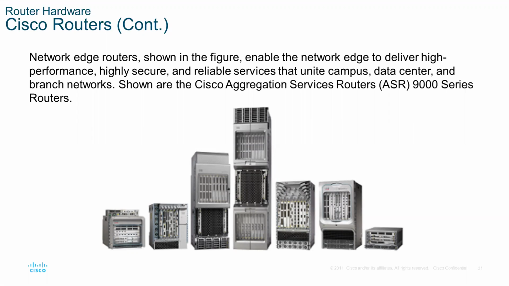So when we're looking at edge routers, which a lot of branch routers can be considered as, we need fairly high performance, highly secure and reliable services that are used to unify the entire campus.